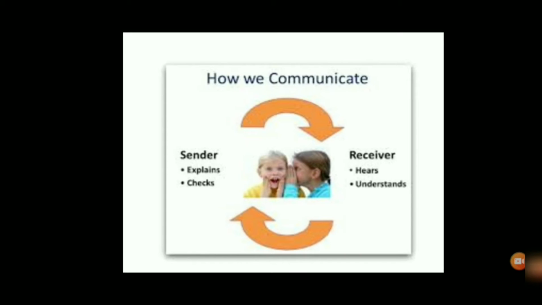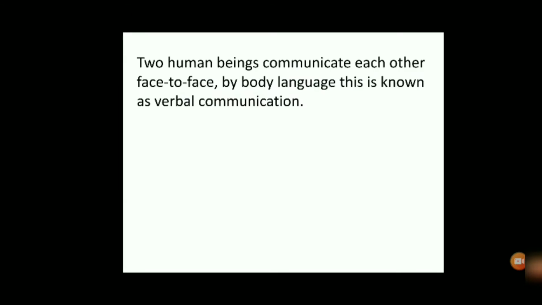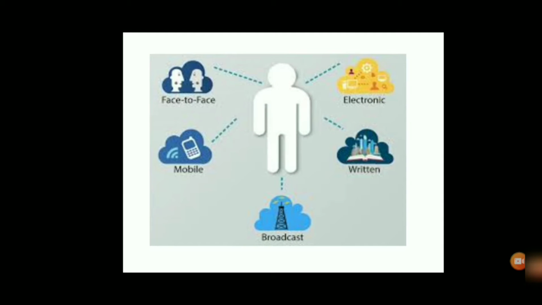So that communication can take place from place to place. So how we communicate? That is also one form of communication, that we express, explain, and the receiver hears and understands. So two human beings can communicate with each other face to face by body language. This is known as verbal communication. But we are not interested in this verbal communication. Moreover, we are going for understanding what is electronic communication.